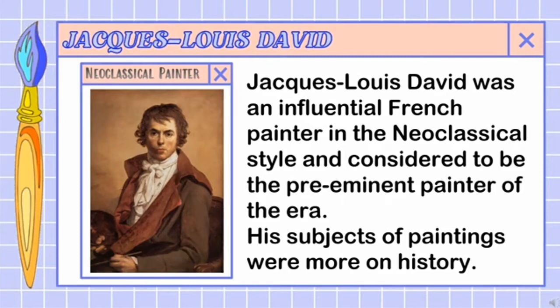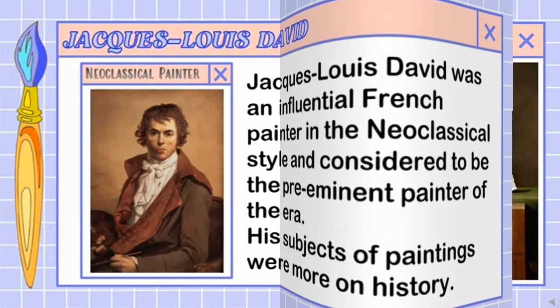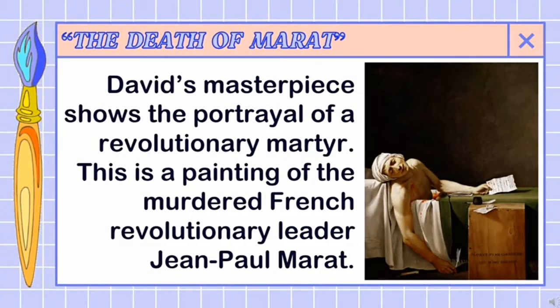His subjects of paintings were more on history. His first painting, The Death of Marat. David's masterpiece shows the portrayal of a revolutionary martyr. This is a painting of the murdered French revolutionary leader Jean-Paul Marat.